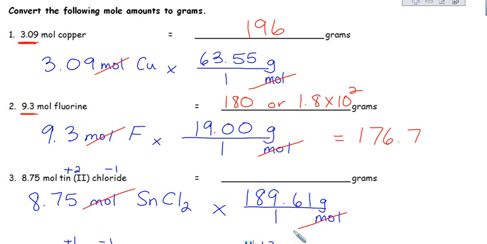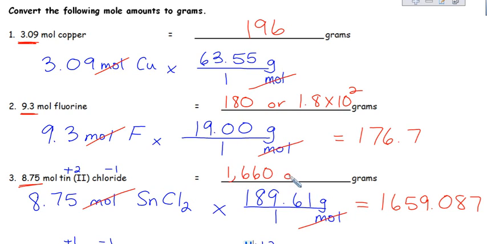So I'm going to multiply across. And again, I get kind of a big number. 1,659.0875, blah, blah, blah. But if I only need 3 significant figures, I have a few options. Option 1, we could round it and say 1,660.